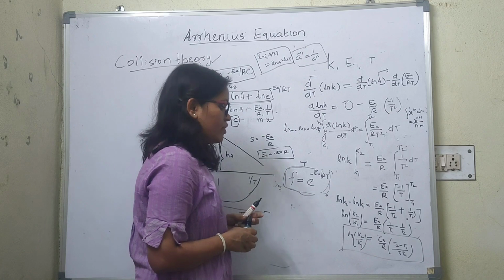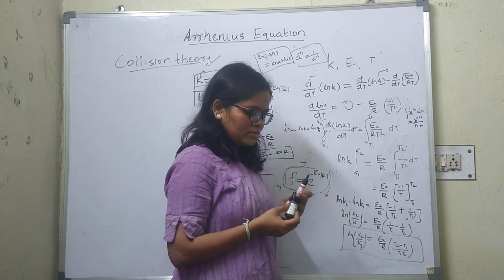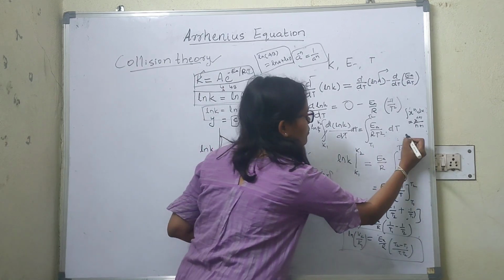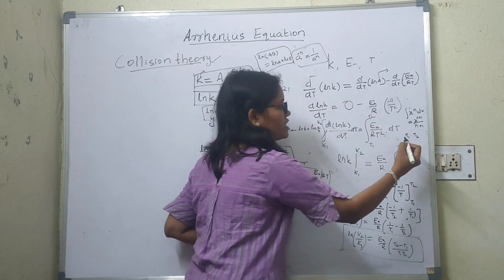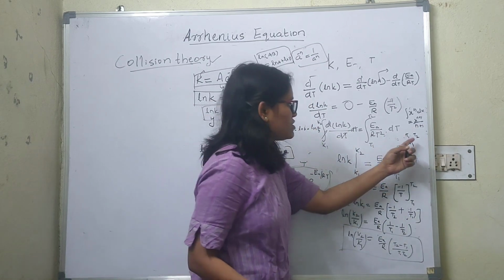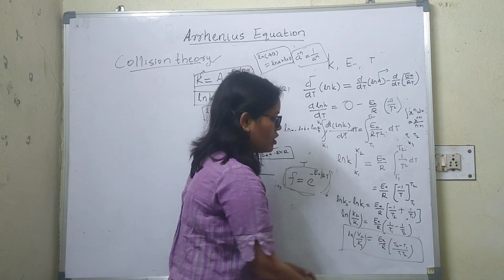When you are given two temperatures T1 and T2, and the rate constant at T1, and you are asked to find the rate constant at T2, then this equation will be very helpful.